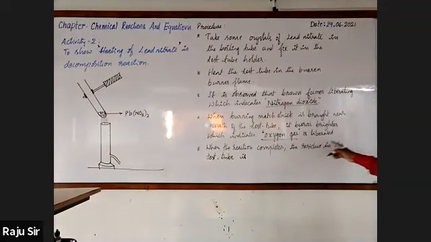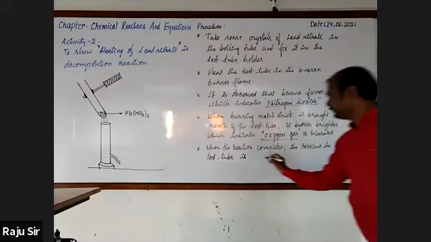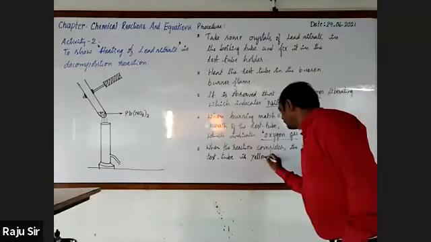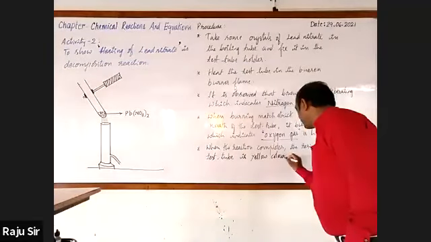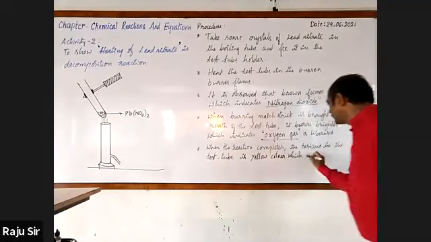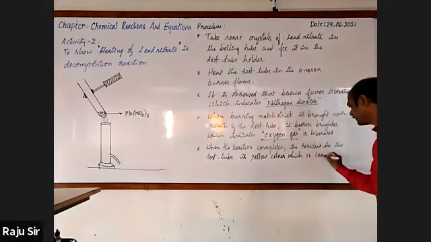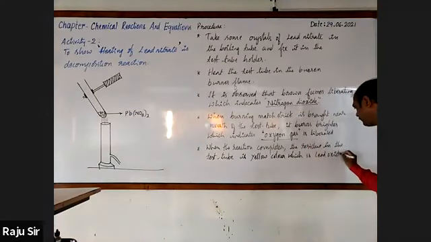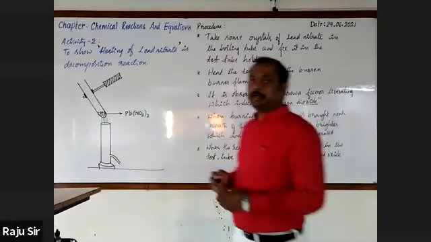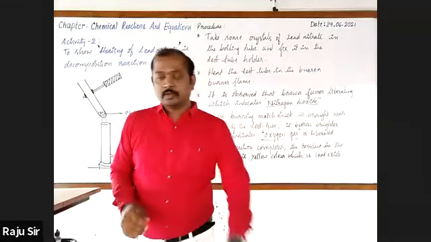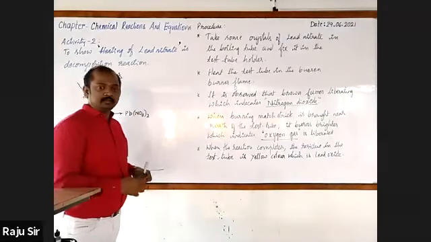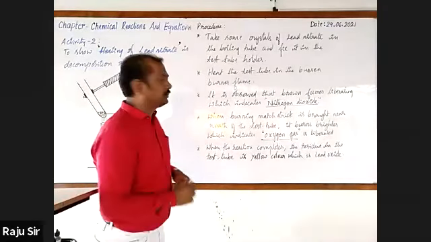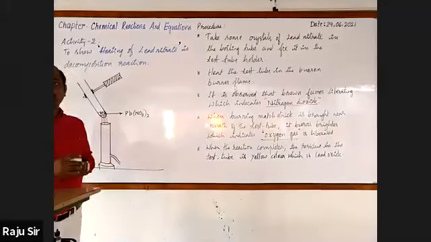When the reaction completes, the residue in the test tube is yellow in color, which is lead oxide. Now let me go for writing the chemical equation which represents this reaction.